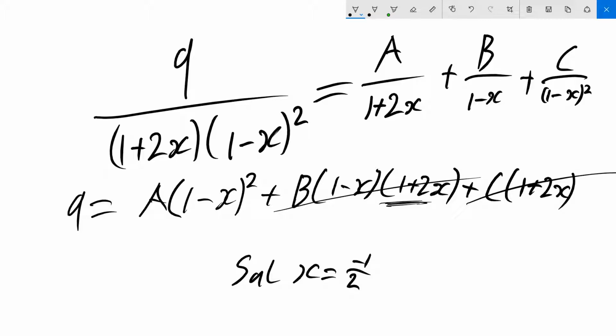So now we are left with a lots of 1 minus x squared. And we know that x is negative 1 half. So negative 1 half minus 1 equals 1.5, so that's 3 over 2 squared.